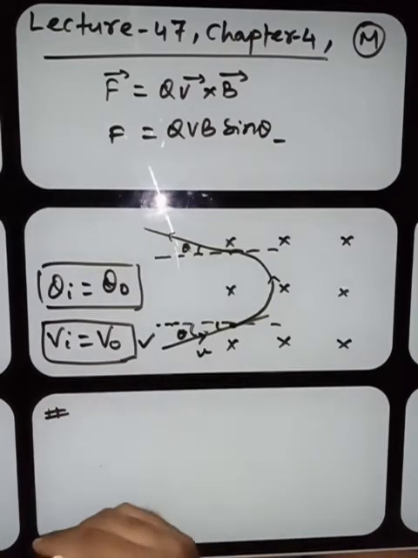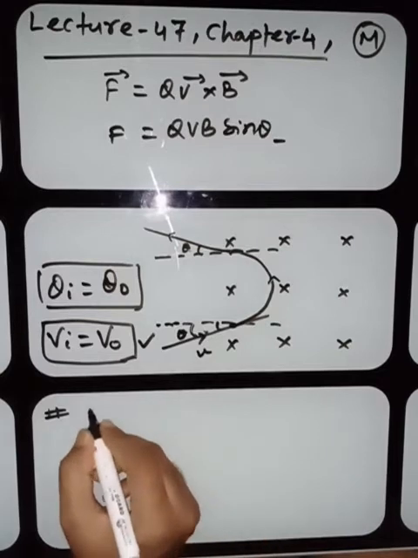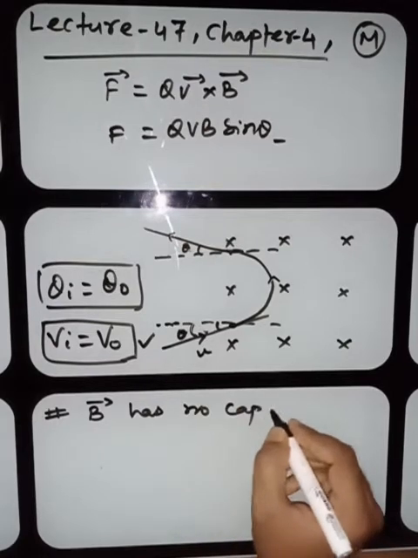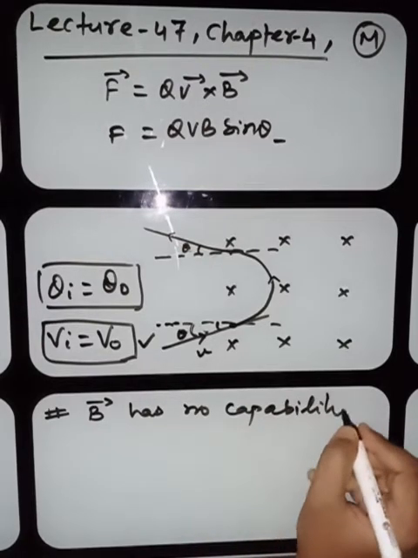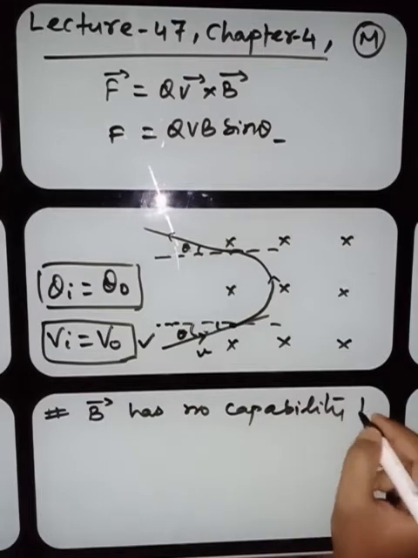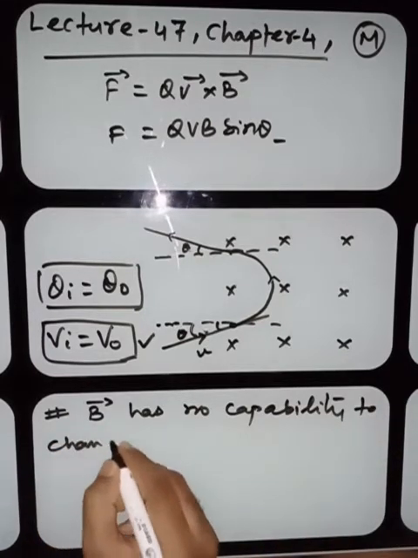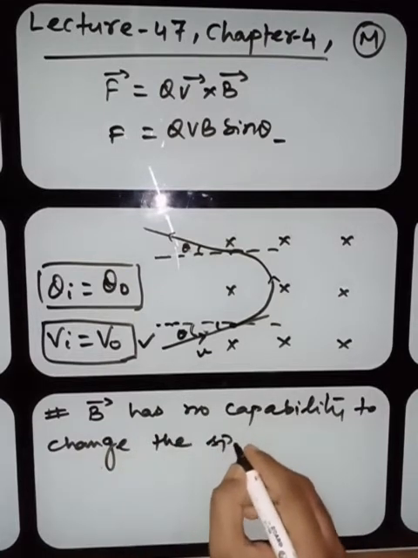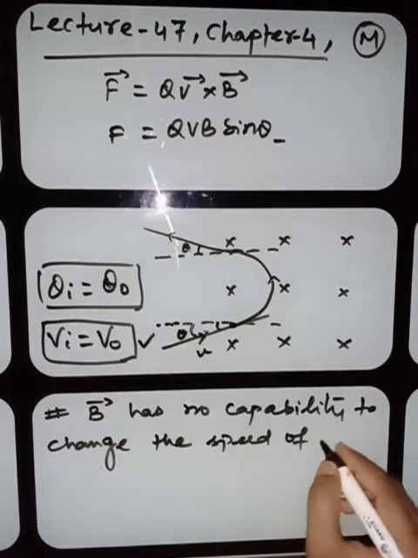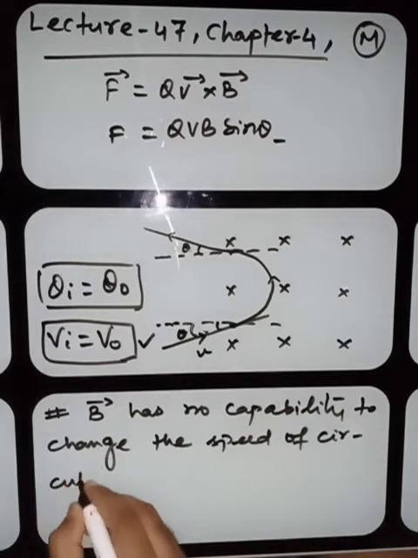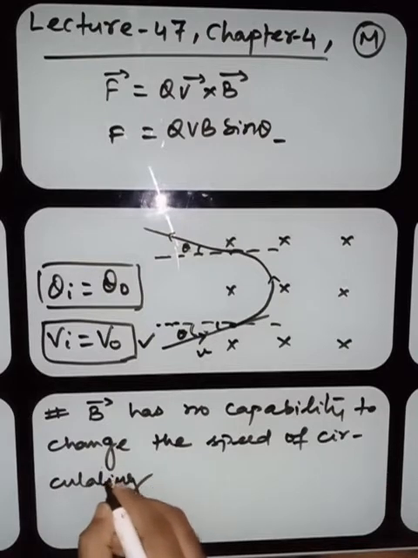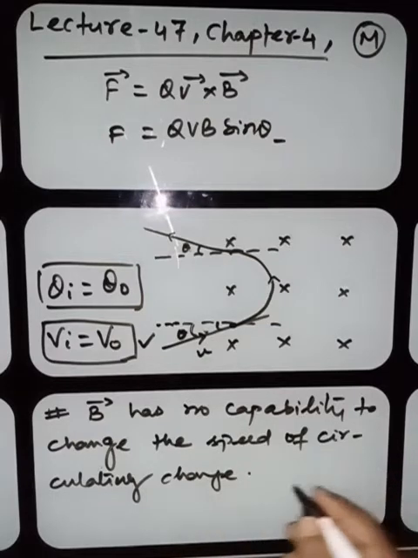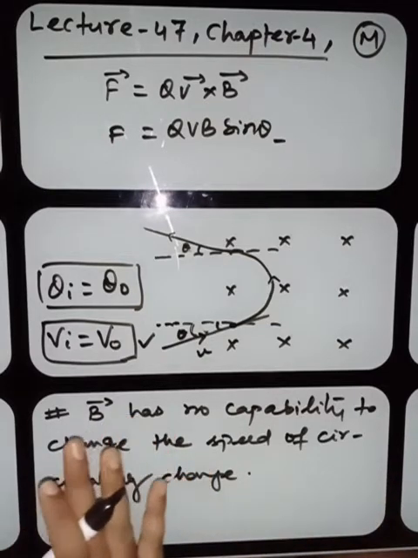It means the magnetic field B has no capability to change the speed of a circulating charge. This is very important, students. Remember, the magnetic field has no capability to change the speed of a circulating charge.